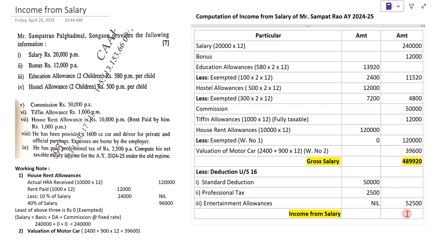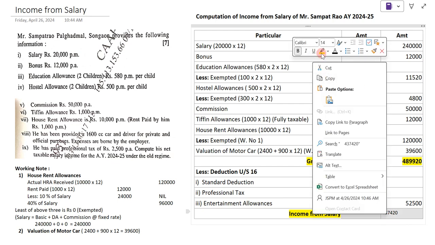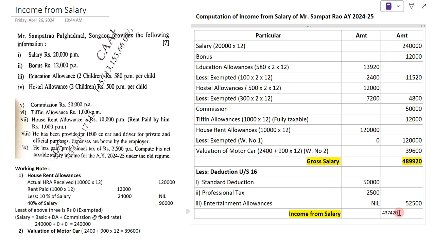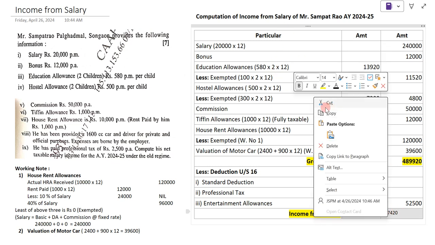Okay, so now the total is 52,500. Now from gross salary less the deductions, that is 4,89,920 minus 52,500, the balance is 4,37,420. Okay, so this is the taxable salary.